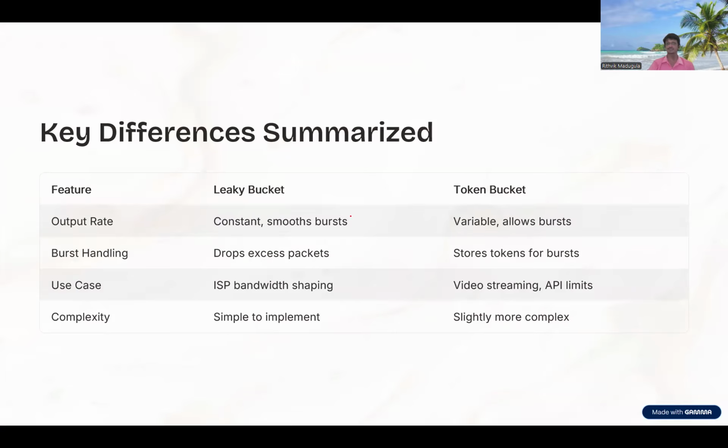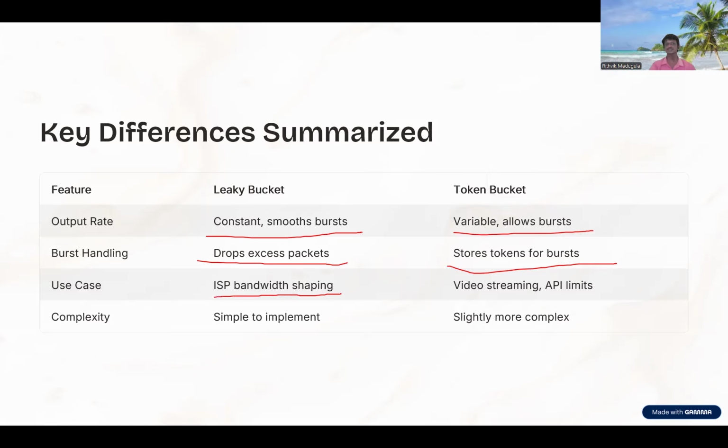So now, various comparisons between the leaky bucket and token bucket. Leaky bucket has constant and smooth bursts, but token bucket has variable and allowed bursts. When compared on bursts, the leaky bucket can drop packets. There may be some loss of packets in the leaky bucket, but the token bucket is going to store all the packets.